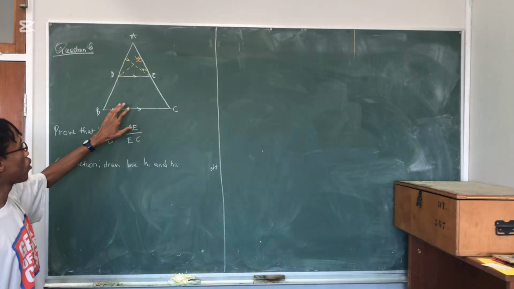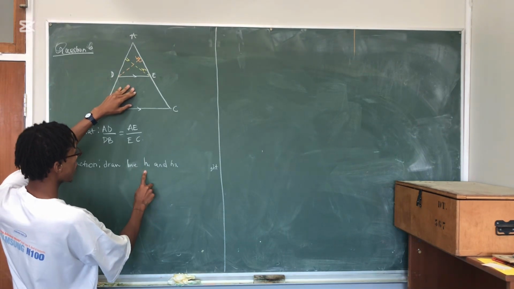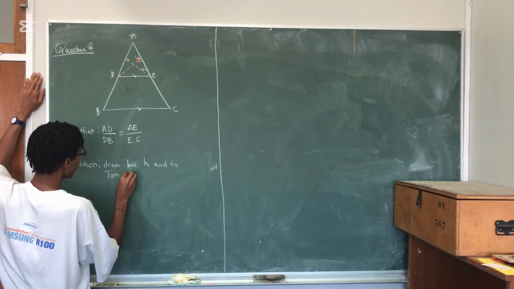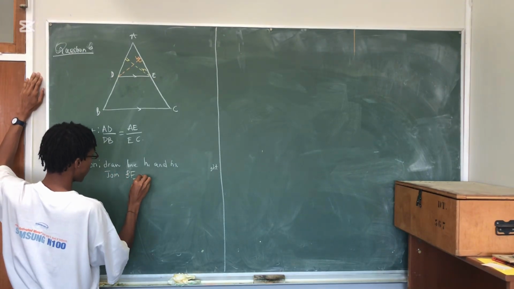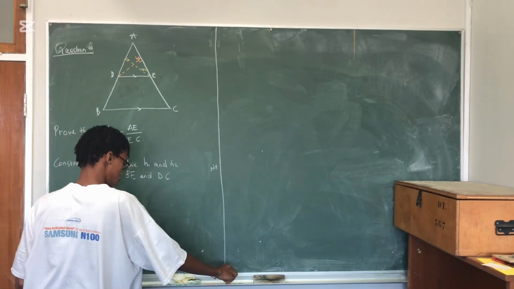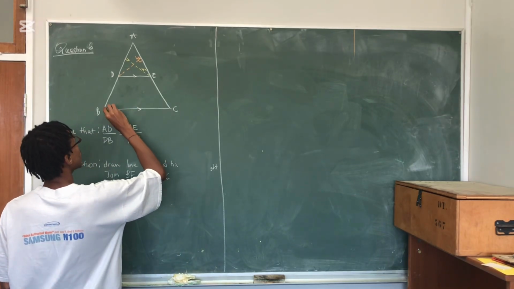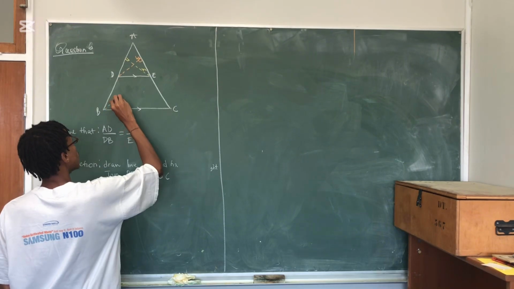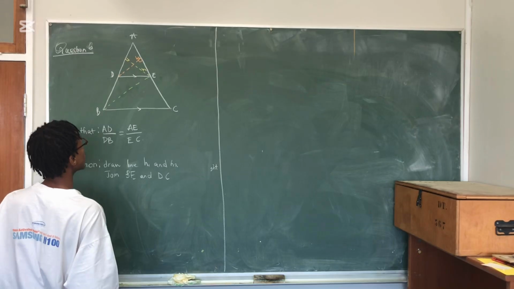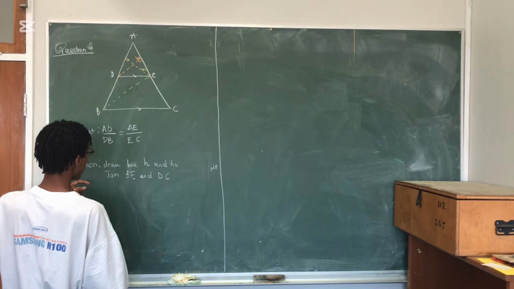But beyond that, we can also construct more lines. So we've drawn the heights H1 and H2. We're also going to join BE and DC.